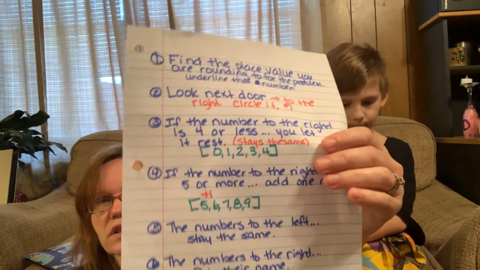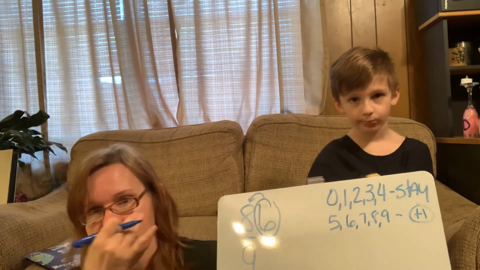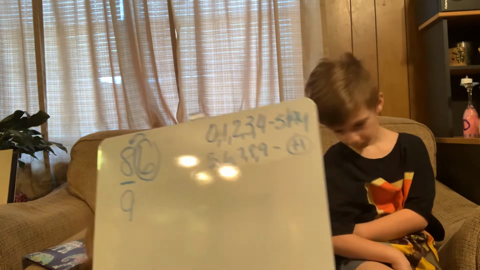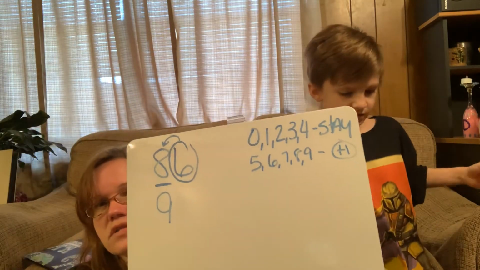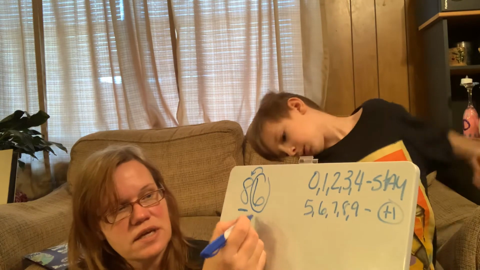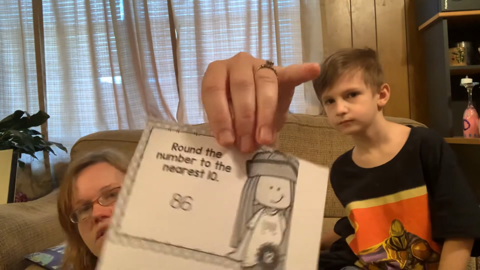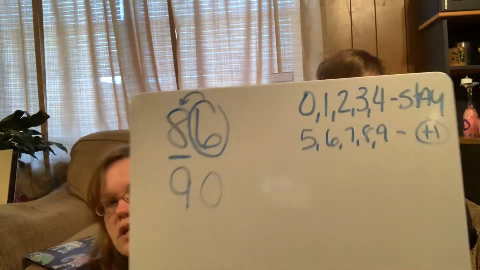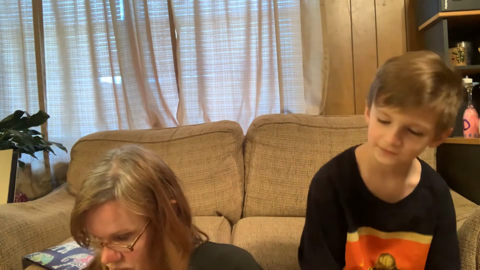So our next step tells us that if there's any numbers to the left, they stay the same. But we don't have any numbers to the left today, do we? No, we don't. And then it tells us that the numbers to the right become 0 as their name. So that 6 is to the right and 0 is going to be its name. So rounding 86 to the nearest 10 rounds to 90. Okay? Good job.